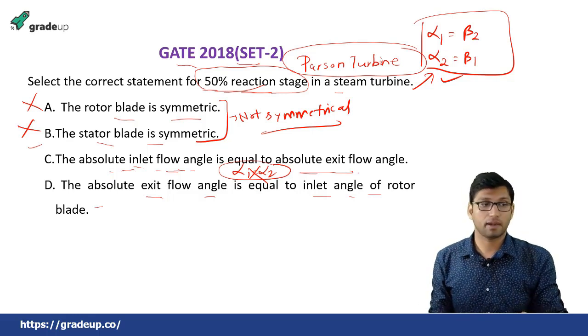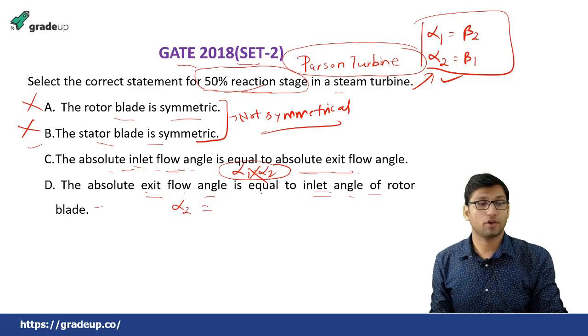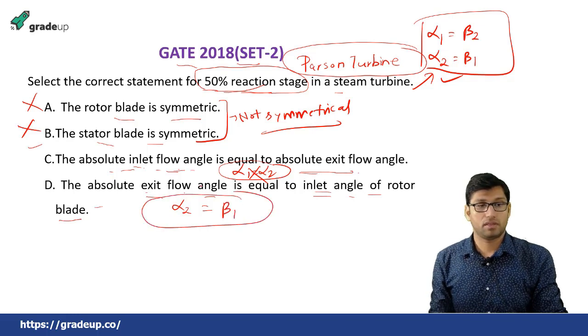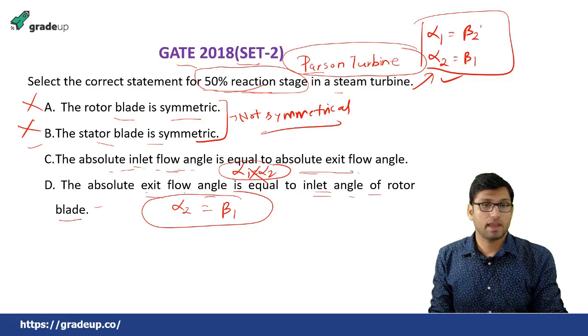Next, option D: it is given that the absolute exit flow angle, that is alpha 2, is equal to the inlet angle of the rotor blade, which is beta 1. Since this is a Parson turbine, a 50% reaction stage turbine, and for a Parson turbine alpha 2 is equal to beta 1, this option is correct.